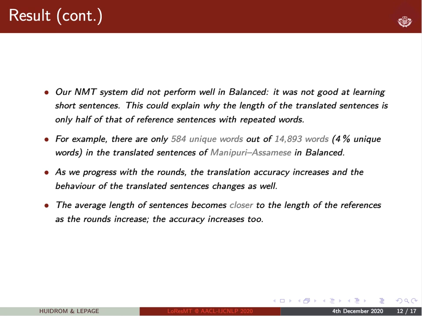But as we progress with the rounds, the translation accuracy increased and the behavior of the translated sentences changed as well. The average sentence length becomes closer to the reference as the rounds increase and the accuracy increases as well.